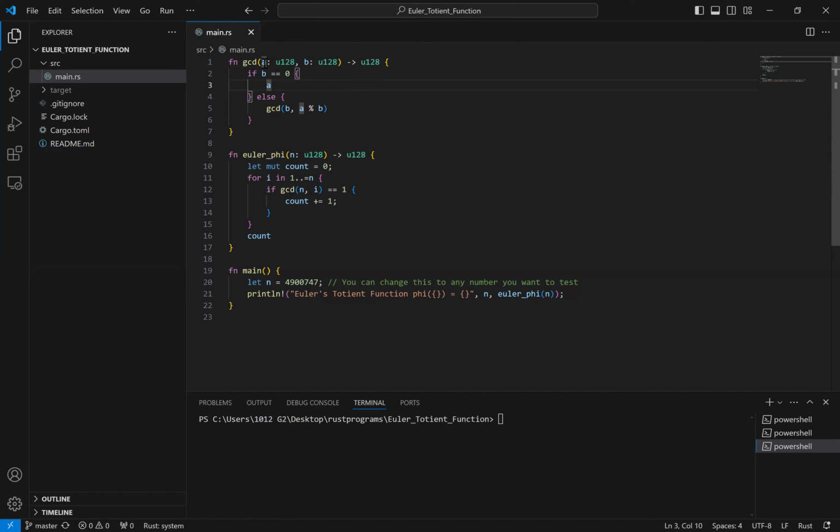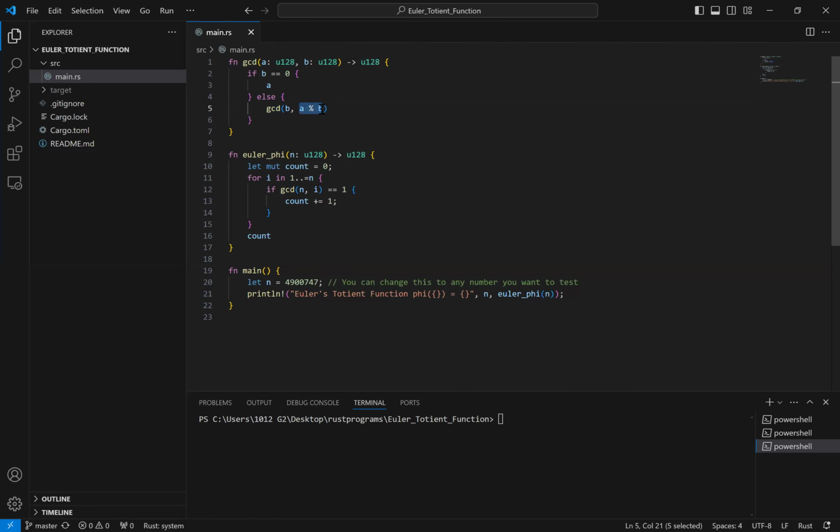So we have a should be u128 type, and then b also u128 type. Then the result will be u128 type. So this is the result of the GCD. And then if b is 0, then the GCD will be a. But if b is not 0, then it calls the GCD of b and the remainder of this.